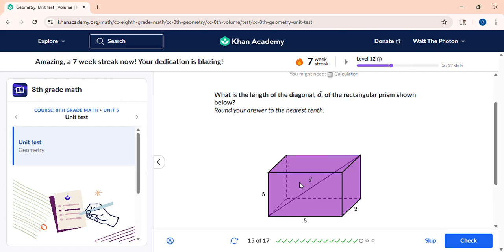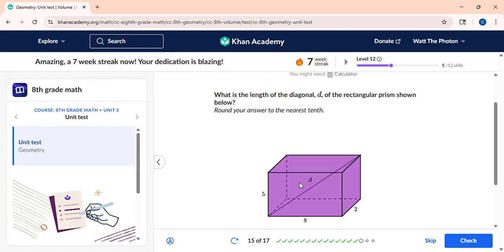Find the diagonal of a rectangular prism below. Let's see, if one's length is 5... oh, it would just be 5 squared, right?